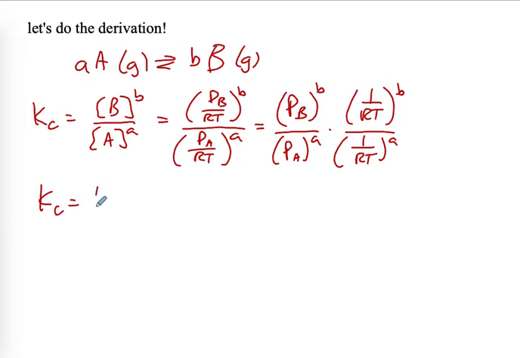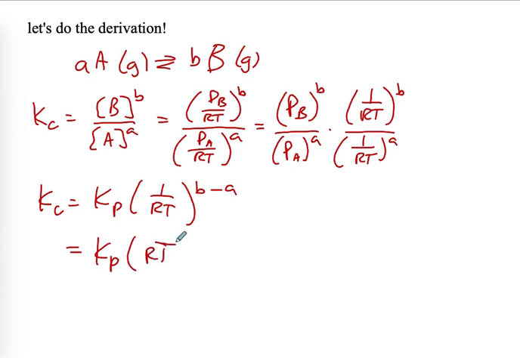So Kc equals Kp times 1 over RT to the b minus a power. I don't like that 1 over RT, so I will flip it and reverse the order of the exponents. This gives me Kc equals Kp times RT to the a minus b.